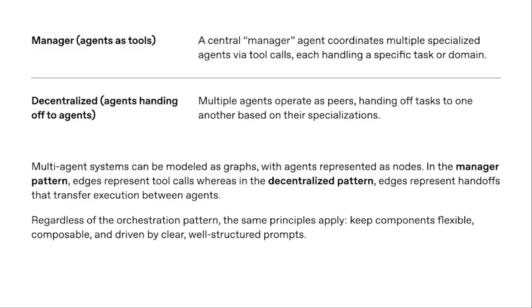Regardless of the orchestration pattern, the same principles apply: keep components flexible, composable, and driven by clear, well-structured prompts. So whenever we give prompts, they should be very well structured, meaning there are rules and text that are very specific and clear for a particular task.